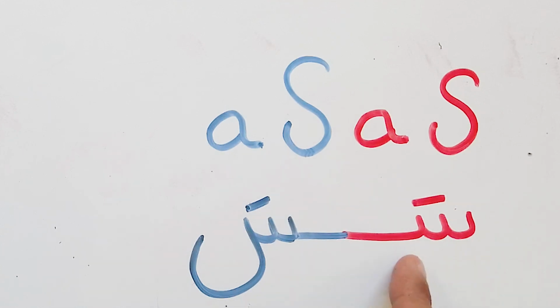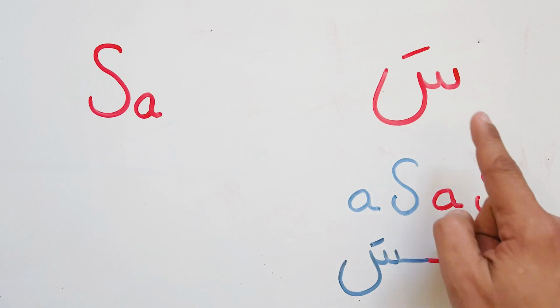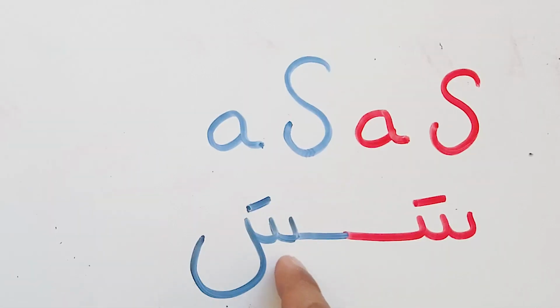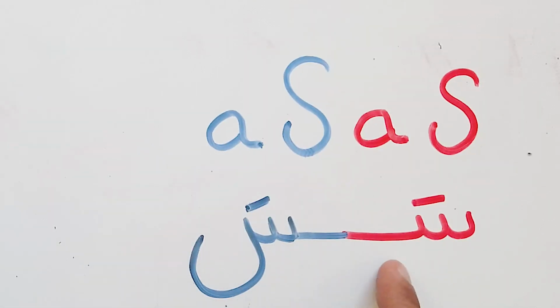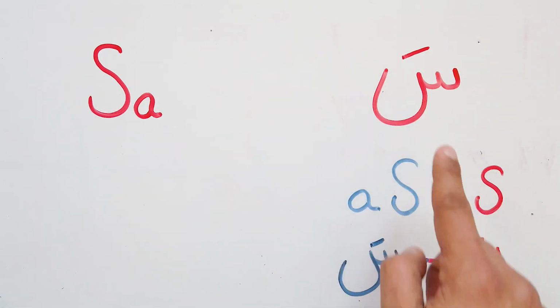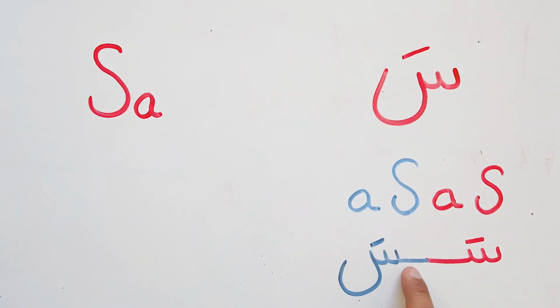Sa in the beginning of the word wanted to get connected to the following letter, so we didn't have this round shape. It became like this. And then sa in the end of the word is connected to the previous letter from the right side. So we got this line here. So pay attention. It has the same shape of sa out of the word plus this small line here. Sa, sa, sa.